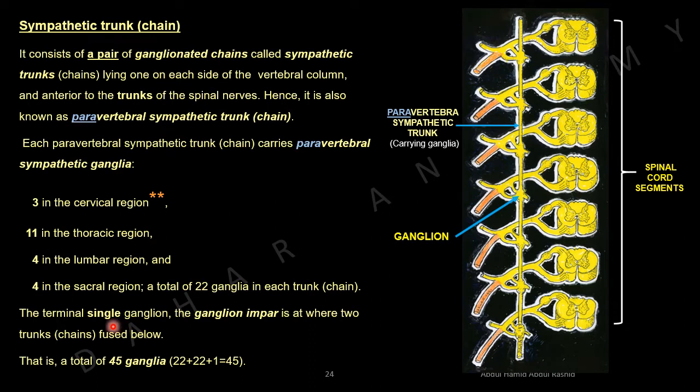The terminal single ganglion, the ganglion impar, is where the two trunks or chains fuse below. So a total of 45 ganglia: 22 plus 22 plus 1, 45 ganglia.